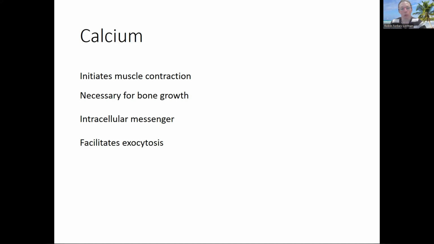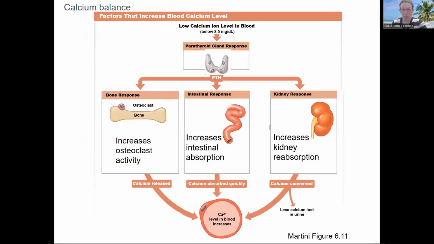Obviously, low calcium in old age, especially in females who have low estradiol, estrogens, results in osteoporosis eventually, the breakdown of bone. And we've seen this before. So low calcium is the main trigger for what I'll be talking about. High calcium we won't discuss.